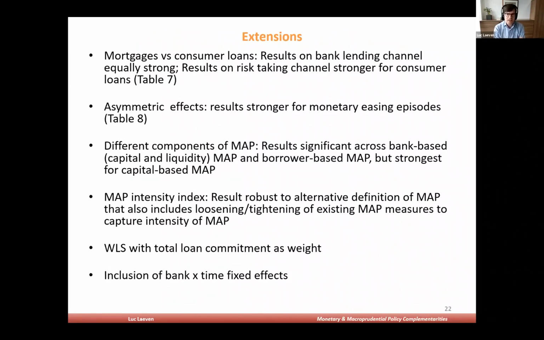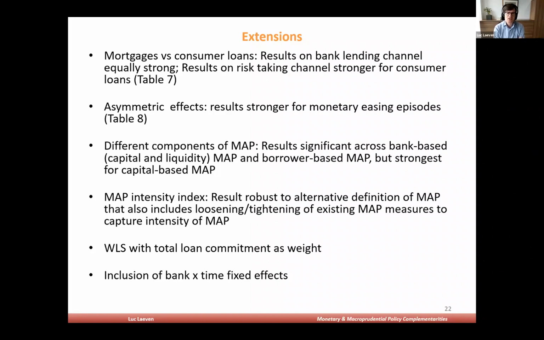Then final slide, we have many extensions. We can look at different types of loans. Generally speaking, for households, the results of risk-taking are stronger for consumer loans than for mortgages, which is somewhat to be expected since mortgage loans tend to be very well collateralized and are generally less risky than consumer loans. We also look at whether there are asymmetric effects over the cycle. So is it about monetary easing or monetary tightening?